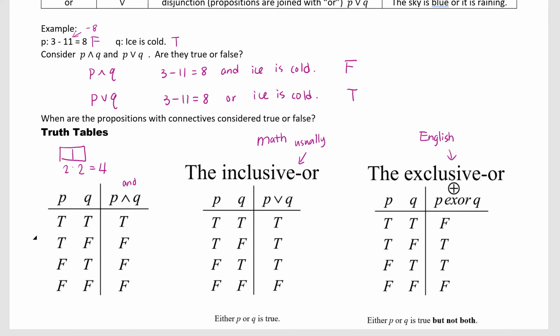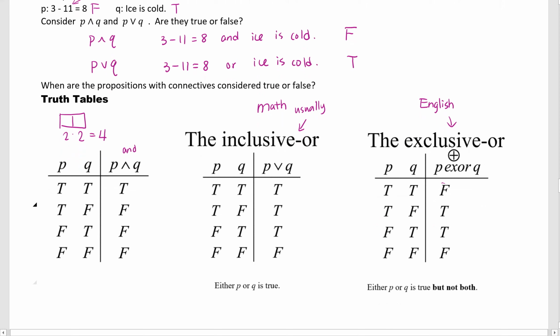So exclusive or, it means that, well, you have to pick one of them, okay? So if both of them are true, the result is actually false. If exactly one of them is true, the result is true, okay? Of course, if both of them are false, the result is false. All right.